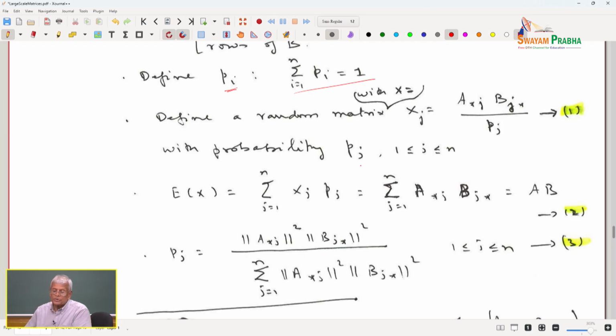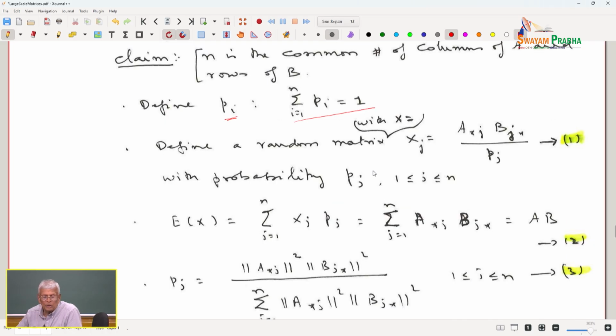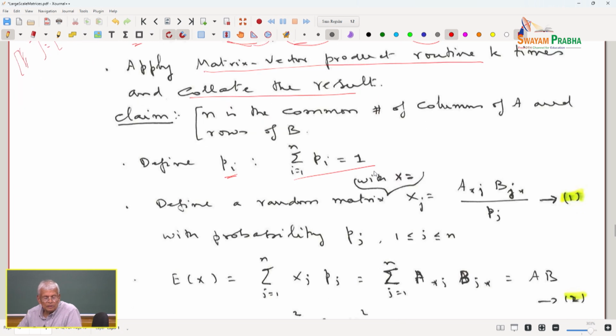So, now I am going to define a random matrix. Look at how I am going to define it. In this case I am interested in discovering the product matrix C itself.